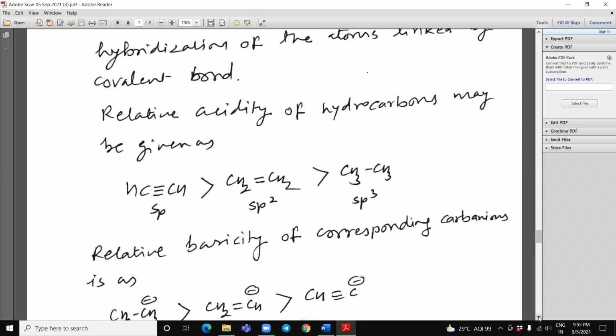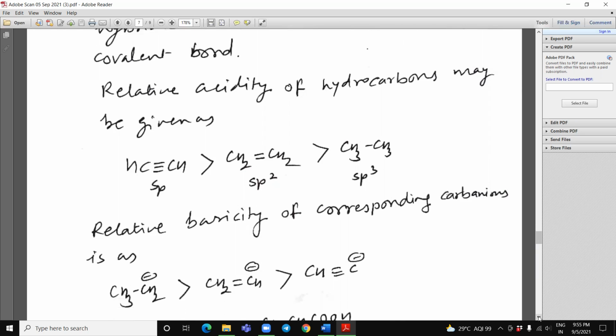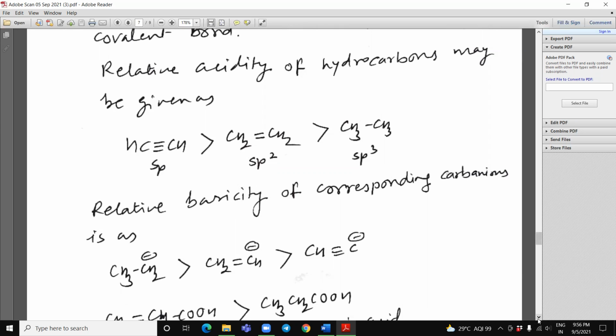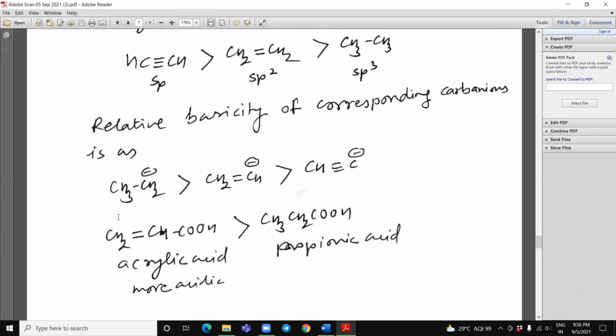Relative acidity of hydrocarbons may be given as follows. Here it is sp hybridization. It is sp2. In ethene, it is sp2. In ethane, it is sp3. Relative basicity of the corresponding carbanions is as under.